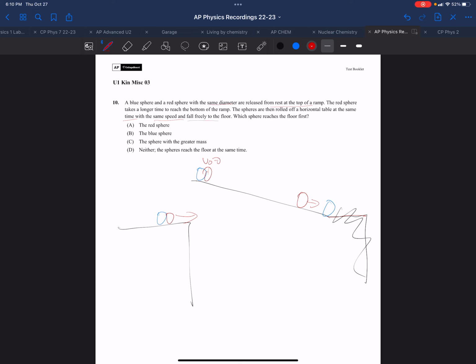Which sphere reaches the floor first? Well, it doesn't matter what shape they are, or what size they are, or what they're made of, what their mass is, all of that. They will hit the ground at the same time. The sphere with the greater mass falls, the blue sphere falls, the red sphere falls, neither. They reach the floor at the same time. Choice D.